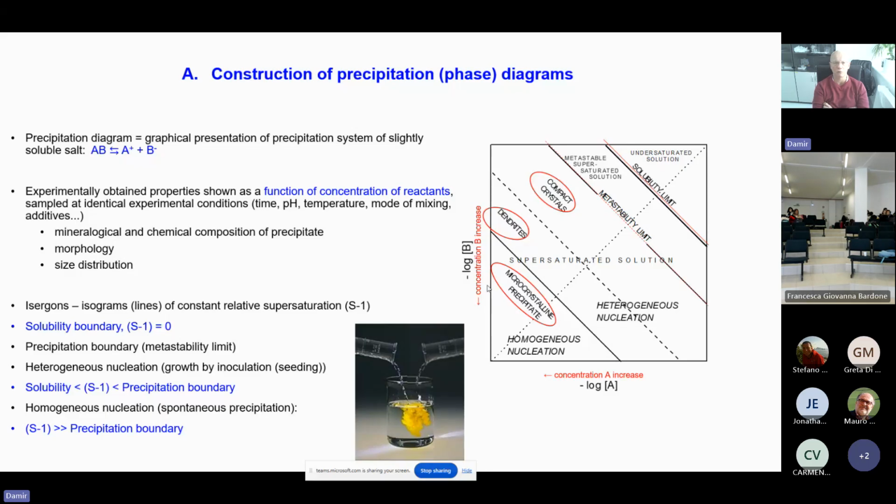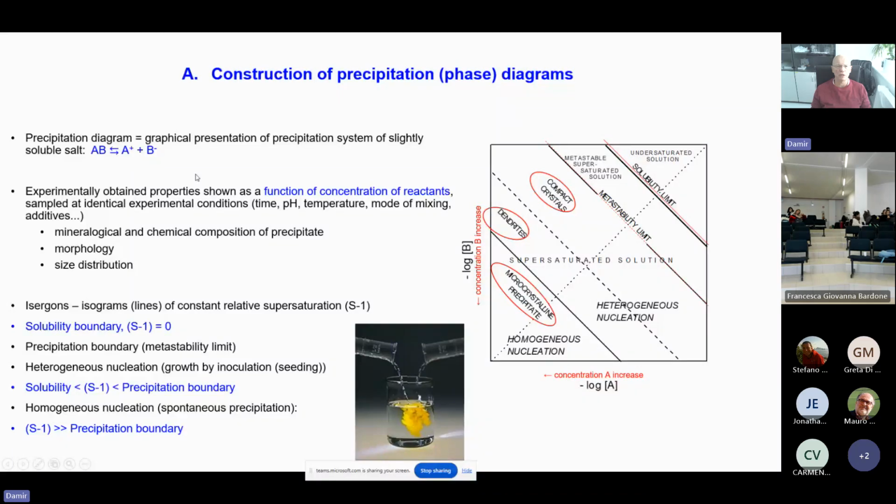One way of doing this is the construction of a precipitation or phase diagram. It is very schematically shown here. It is a graphical presentation of a precipitation system of slightly soluble salts, which dissociate in the way you can see here.